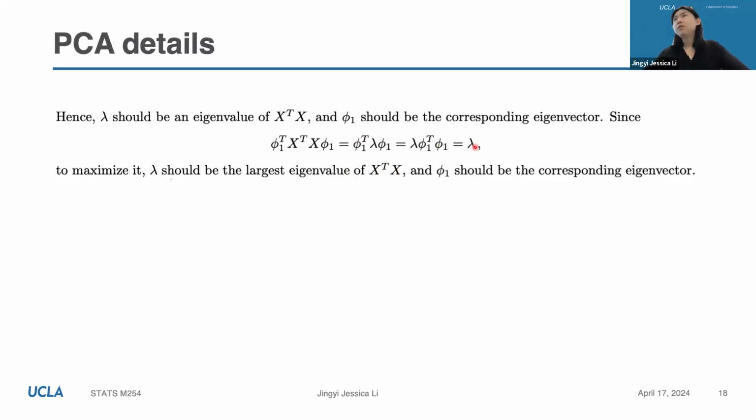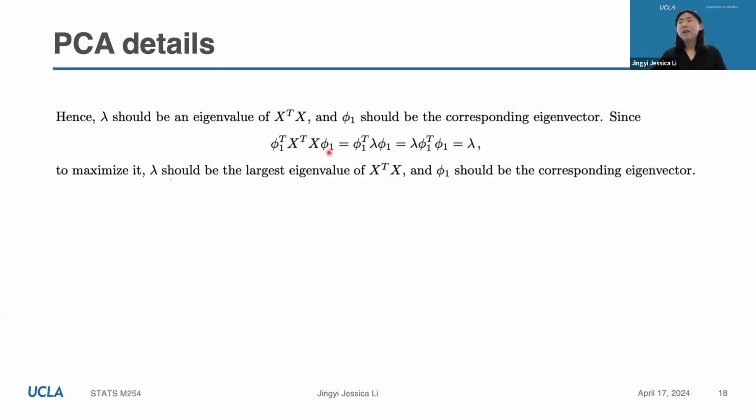Another result is that the number of non-zero eigenvalues is equal to the rank of your X matrix. If you have P columns, P features, and n is larger than P, then in general, if you don't have perfectly correlated columns, the matrix has full column rank, and you should have P positive eigenvalues.